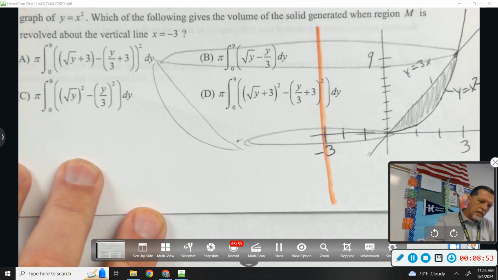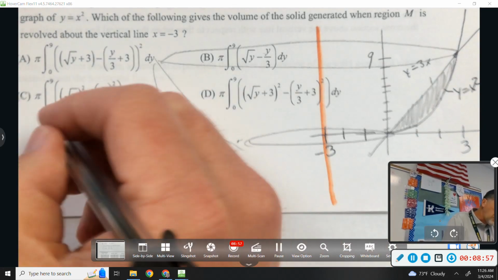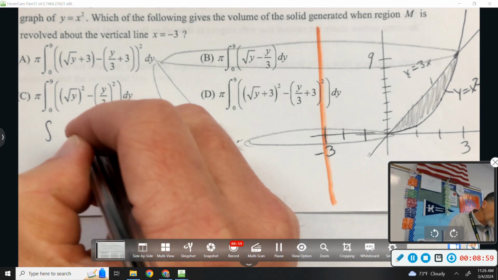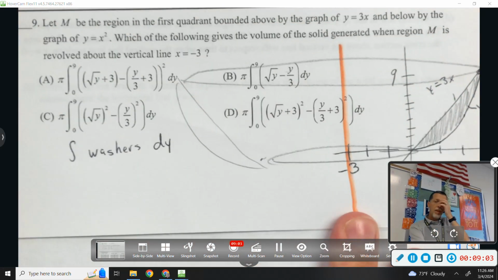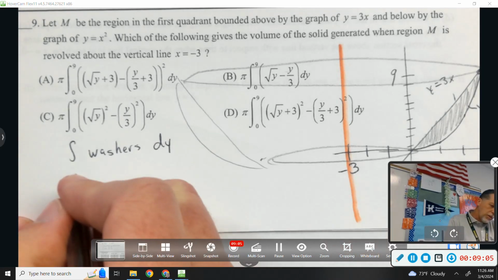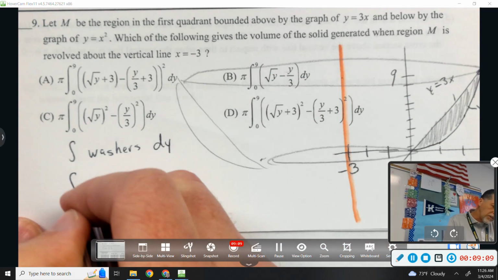So let's see, outer radius. Well, let's back up all the way to the beginning. This is washers. Washers dy. So dy means I need to go 0 to 9. They all have 0 to 9.